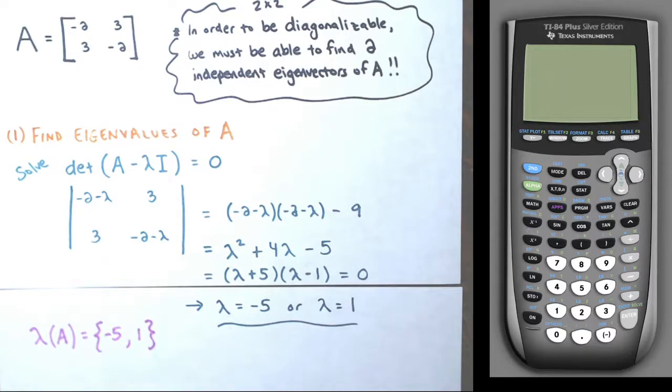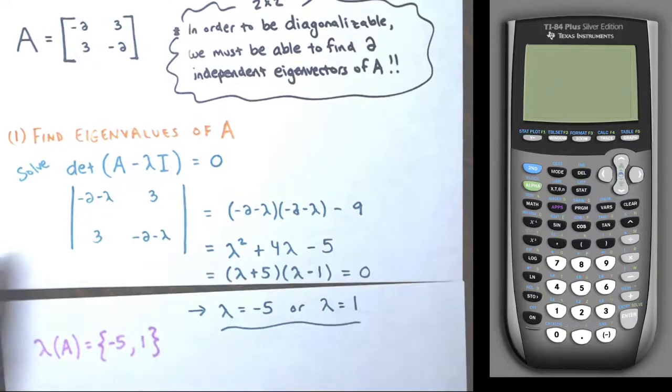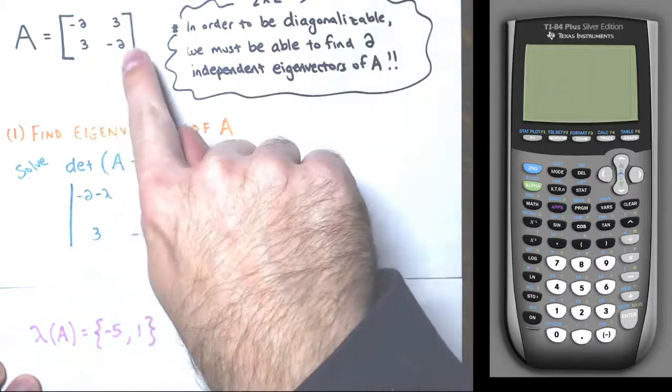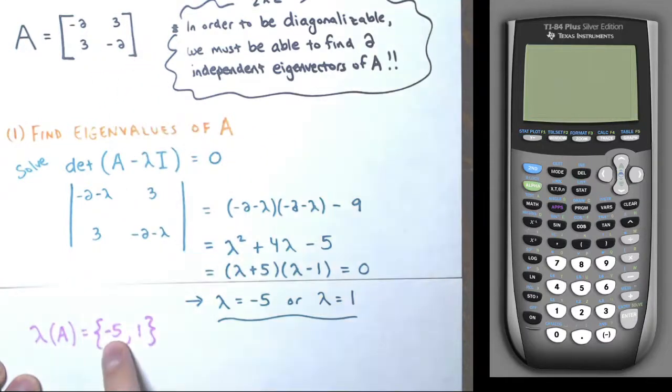Now, I'll tell you right now, A is a 2 by 2 matrix, and we have found two different eigenvalues. And remember, eigenvectors are non-zero vectors such that when you multiply A by those vectors, you get this eigenvalue times that vector back as an output.